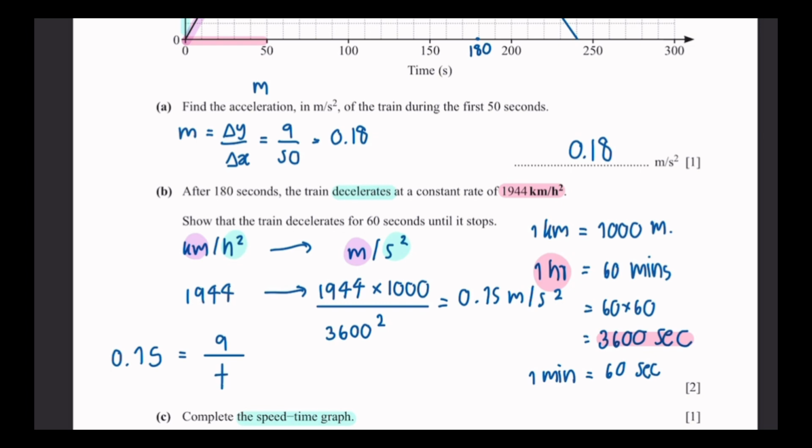Okay, you will get t equals 9 divided by 0.15, which gives 60. Therefore, it takes 60 seconds.